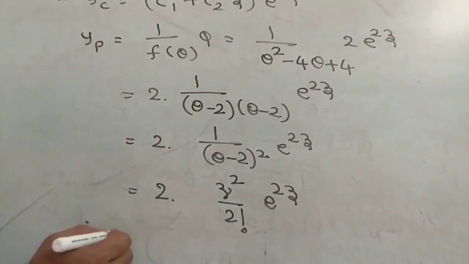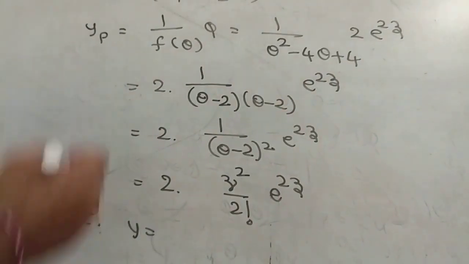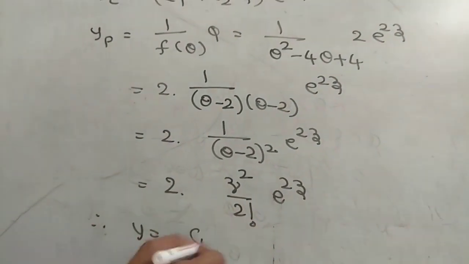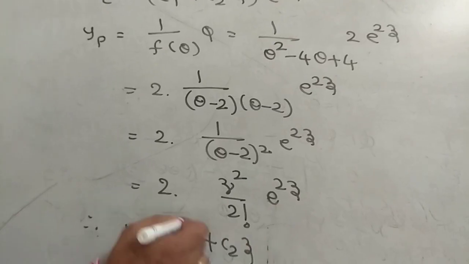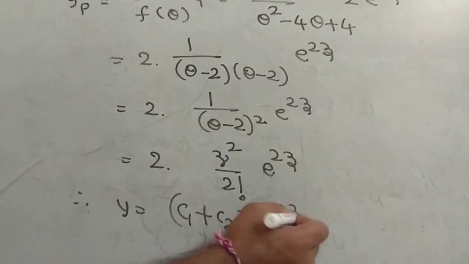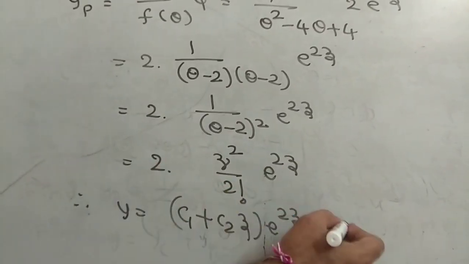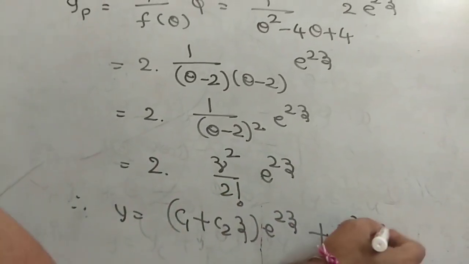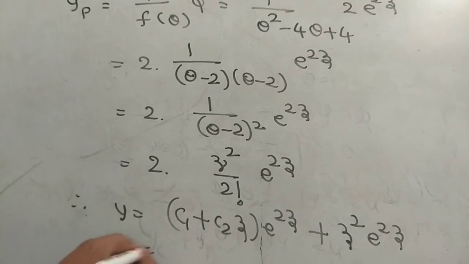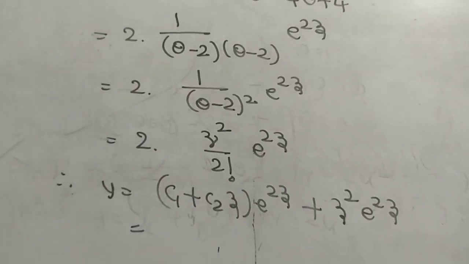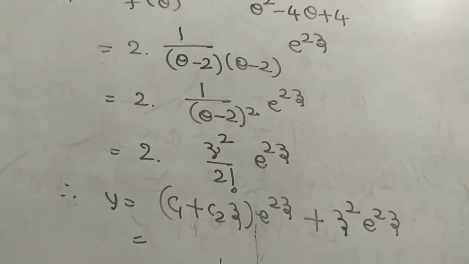After getting that, directly y equal to, what about the yc value now? C1 plus C2 z into e power 2z plus yp becomes, the 2 is cancelled, z square into e power 2z. But actually what is z? Z is nothing but logarithm of u.